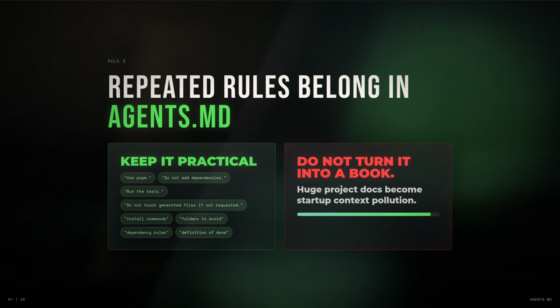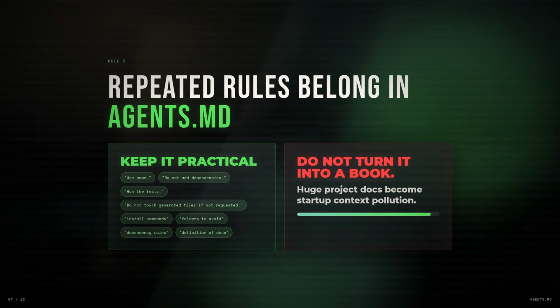And Codex reads agents.md before it starts work, and you can use it at different levels: global, repo level, and even folder specific. So instead of repeating your team rules every single time, put the stable ones there. But here's the trap. Do not turn agents.md into a book.